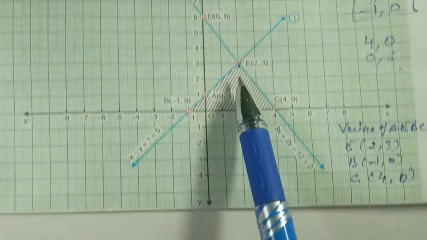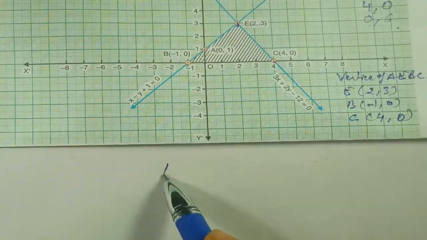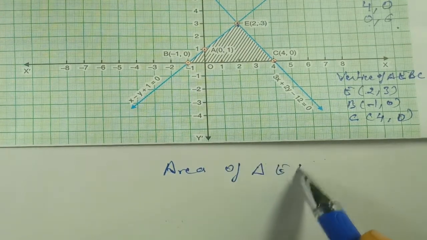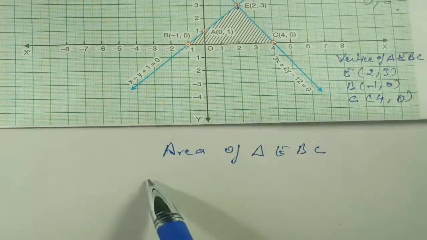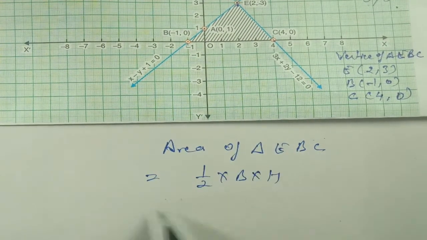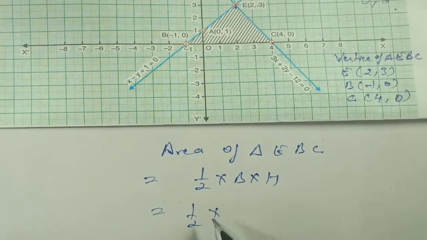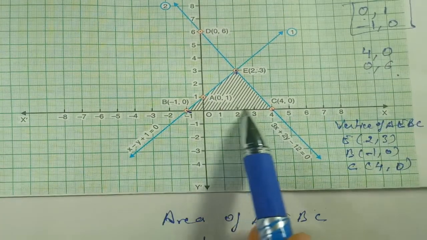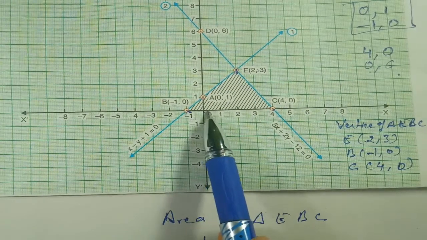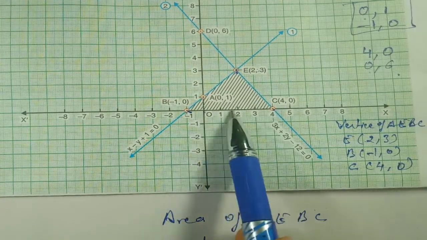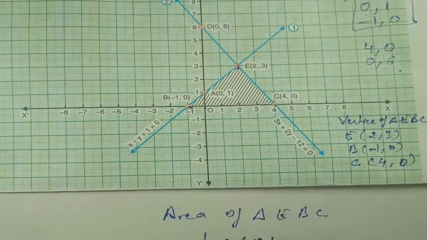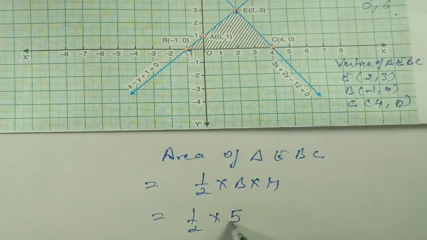Now if it is asked to find the area of triangle EBC, we know the relation for the area of a triangle: half into base into height. So this will be taken as the base. On the right hand side of 0, how many units do we have? 4. And on the left hand side, 1. So 4 plus 1, 5. It means the base is 5.